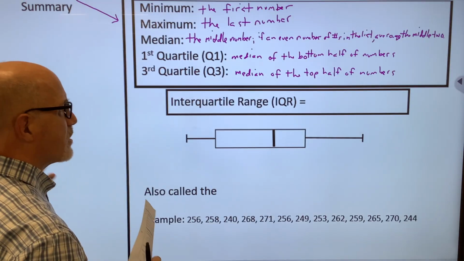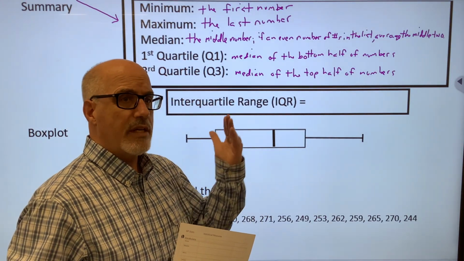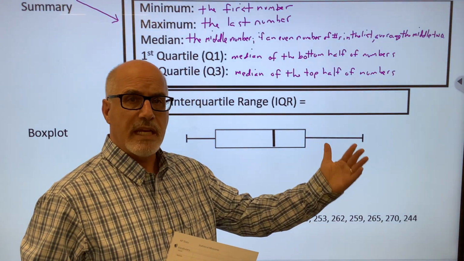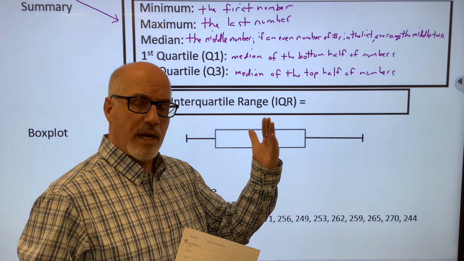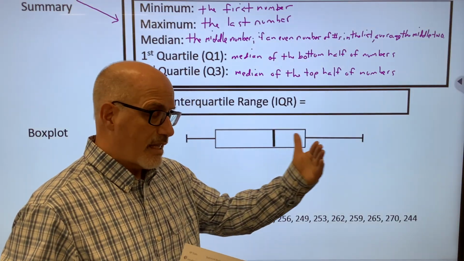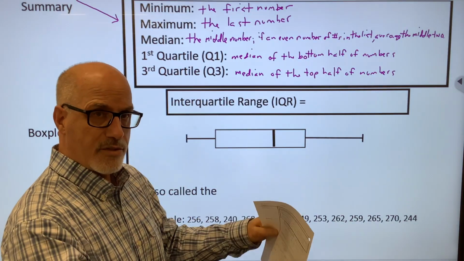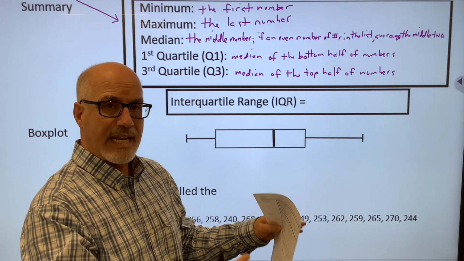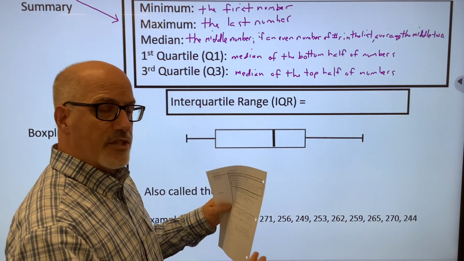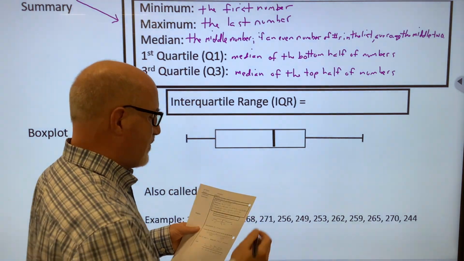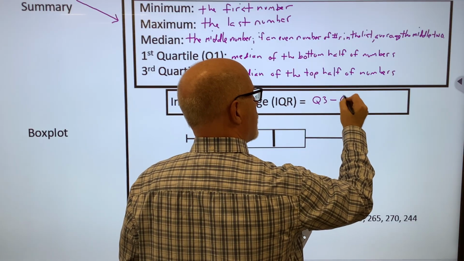So the interquartile range, since the Q1, the median, and Q3 separate the numbers into the lower 25%, the next 25%, then the next 25%, and then the upper 25%. So into quartiles, that's 25% of the data in each of those 4 groups. The interquartile range is the middle 50%, and it's found by doing Q3 minus Q1.